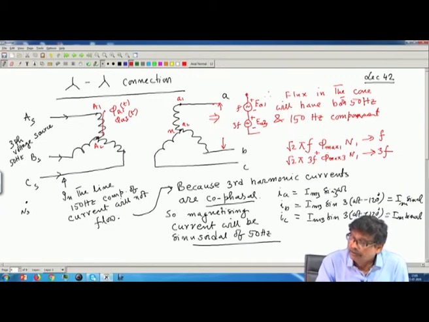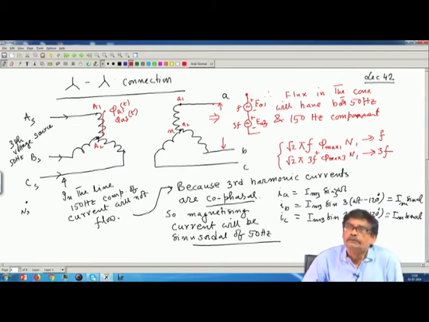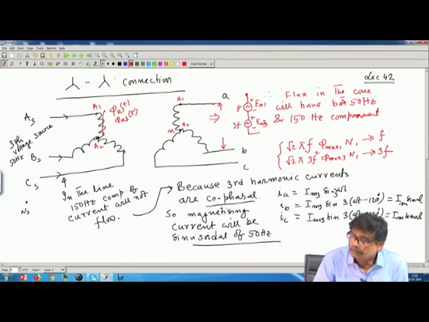So, the conclusion is here the phase voltages will be corrupted with a 150 hertz component, apart from that 50 hertz component.